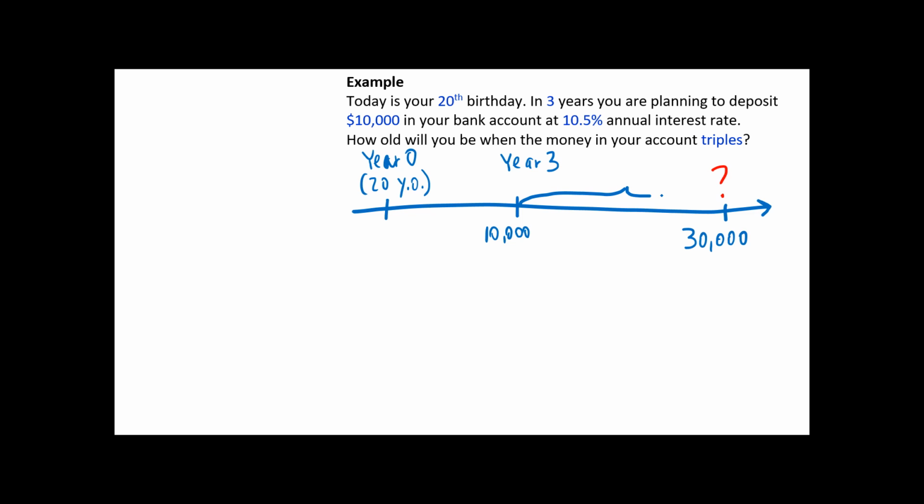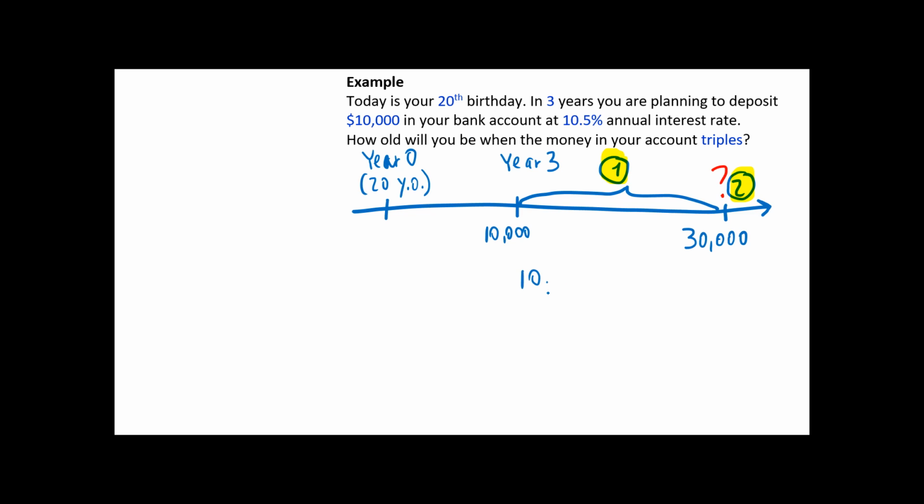How about we do it in 2 steps? First, we can figure out how long it will take us to have our $10,000 grow to $30,000. And then, as the second step, we can figure out how old you will be at the time.